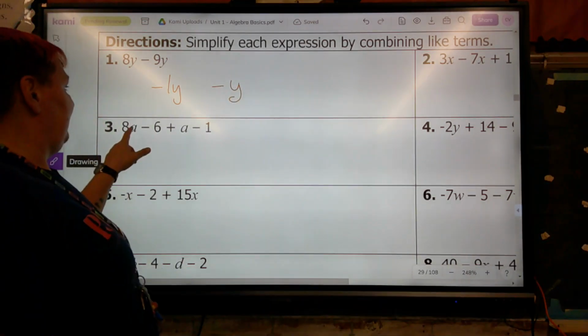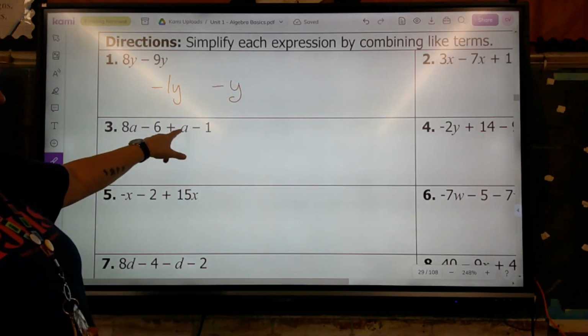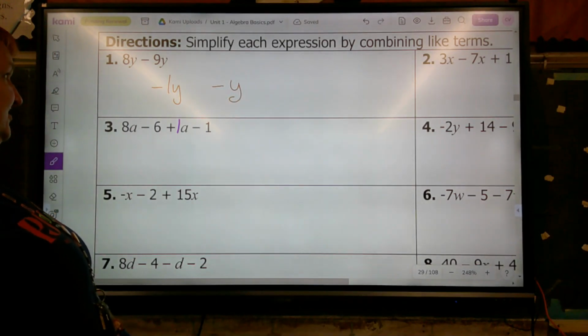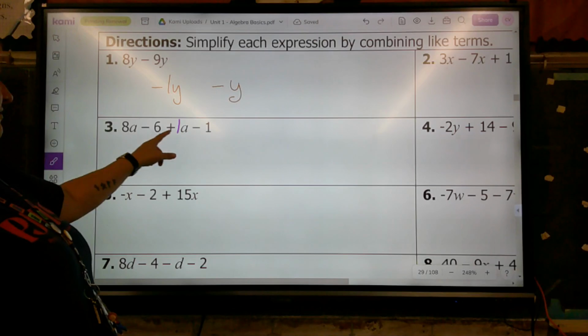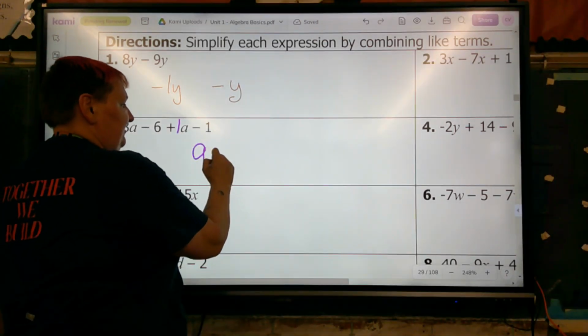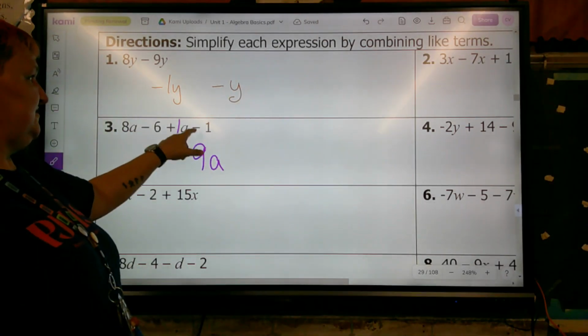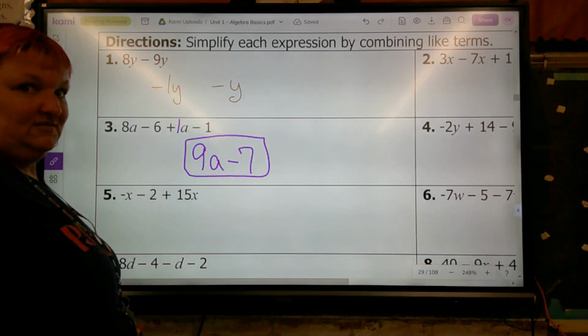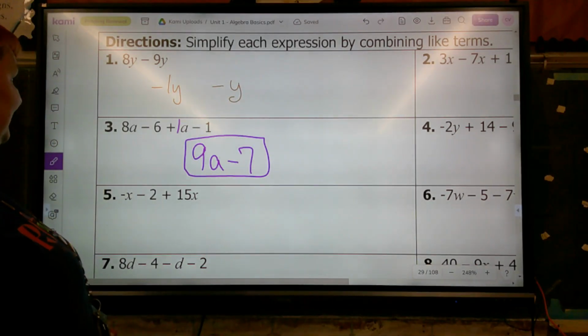Alright, 8a minus 6 plus a minus 1. Go ahead and put in the invisible 1 because it's going to help you. 8a plus 1a is 9a. Negative 6 minus 1 is negative 7. That's all we're doing is combining like terms.